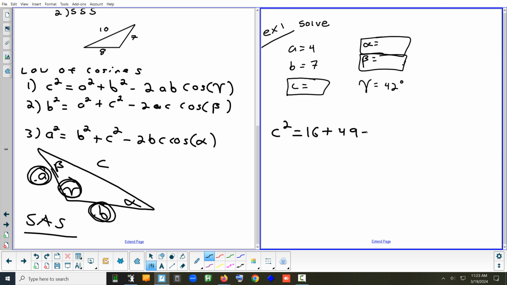Minus 2 times A times B. Well, 2 times A is how much? 8. And then 8 times 7? 56. And the last thing is the cosine of the angle across from the letter you started with, 42.